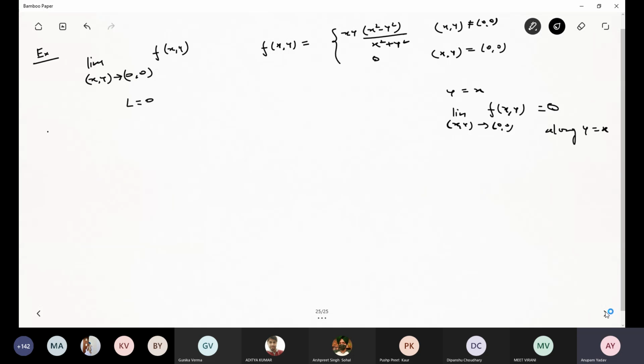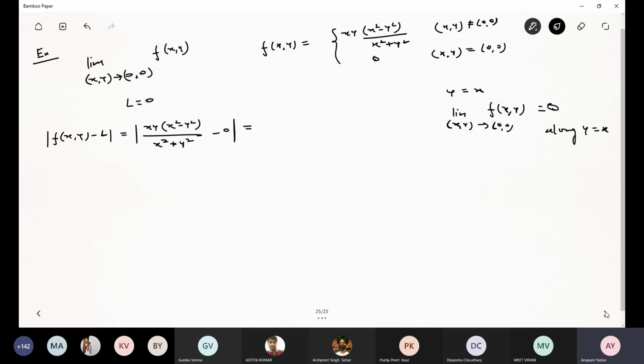So start again the same way with mod f(x, y) minus L, and put in all the values. f(x, y) is xy times (x square minus y square) upon (x square plus y square), minus 0.